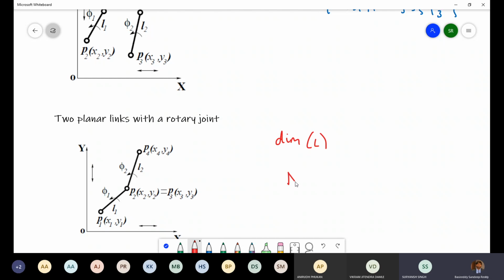And what will finally be n? 6 and 4. So what are these two constraint equations?